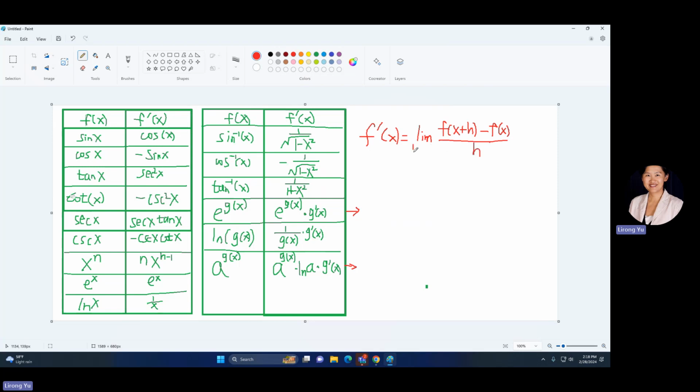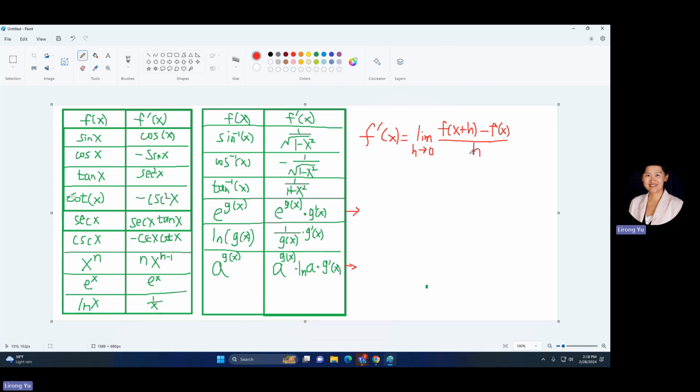This formula allows you to calculate the derivative of any function. If you forget it, maybe you should put it down. If I'm making the formula card, this will be something like that.